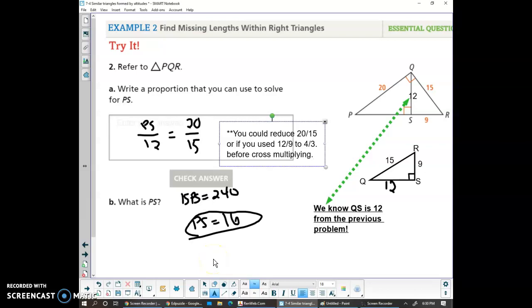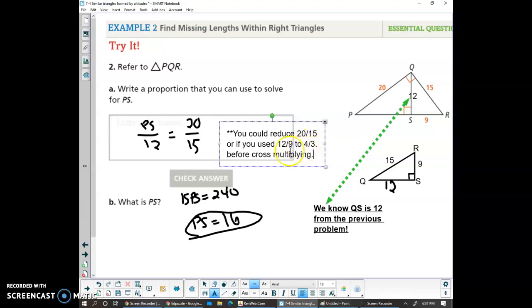Just one quick note before I wrap things up here. The reason why you could also use 12 to 9 is because the ratio 12 to 9 is the same thing as 20 to 15. They all reduce down to 4 to 3. Divide 20 by 5, you get 4. Divide 15 by 5, you get 3. You could divide 12 ninths by 3 on top and bottom, and you get 4/3.